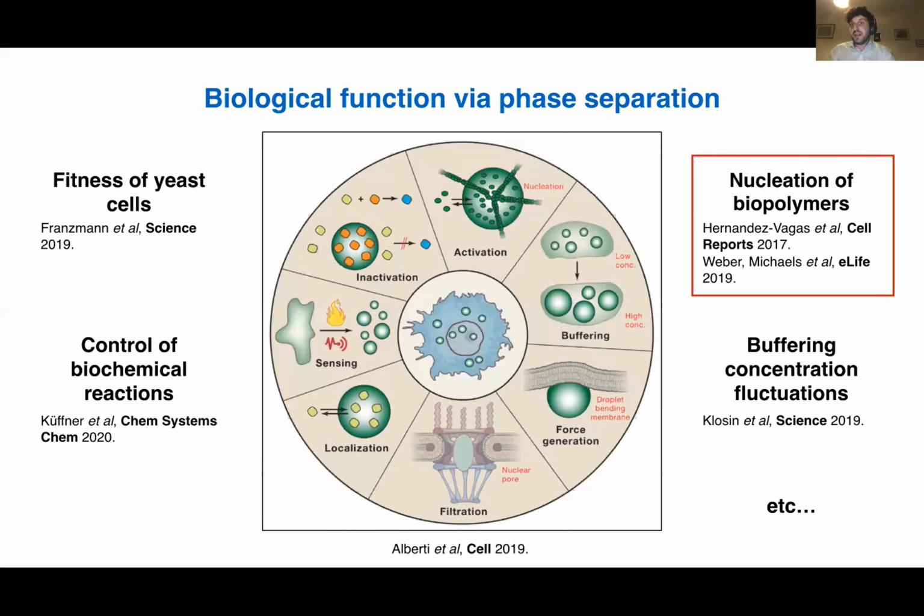And so today I've decided to talk about the specific aspect of biopolymerization controlled by the presence of liquid condensates. And so in this context, I'm thinking about functional filaments like actin and tubulin, but also and primarily about pathological structures like amyloid fibrils.